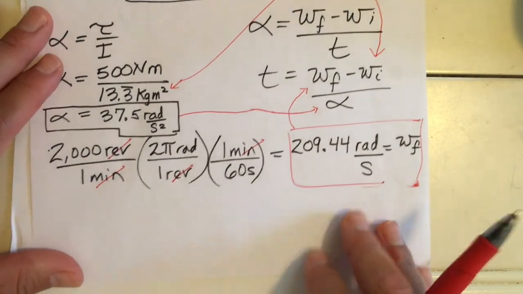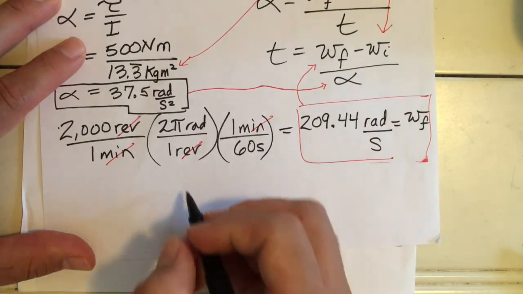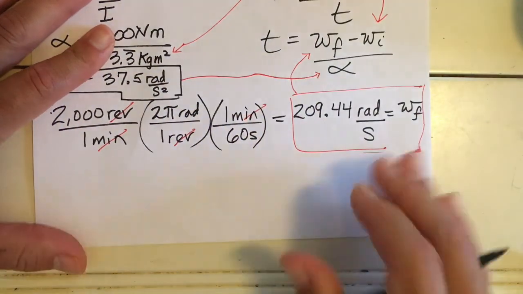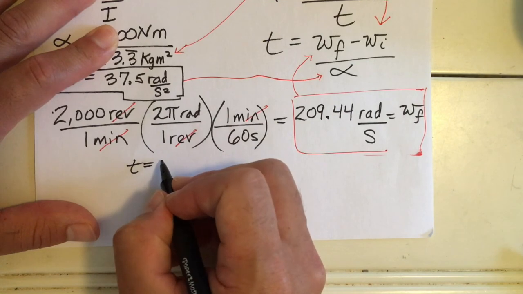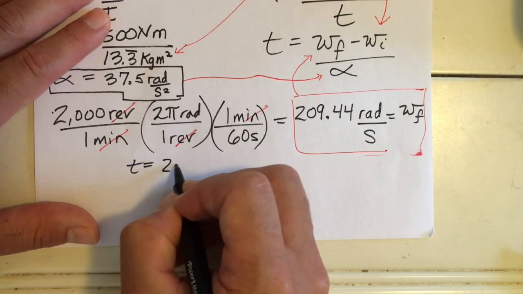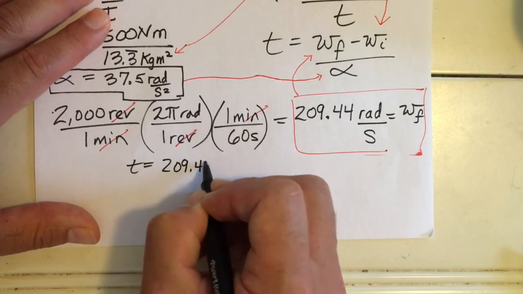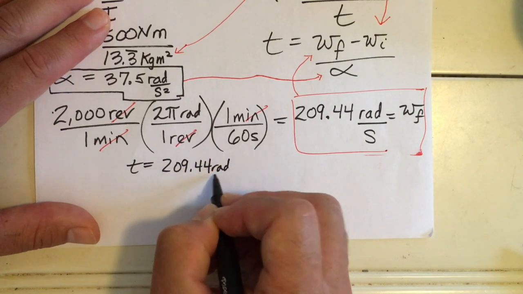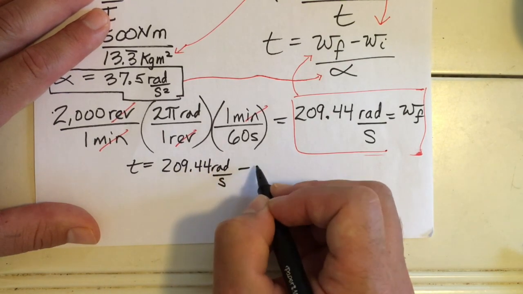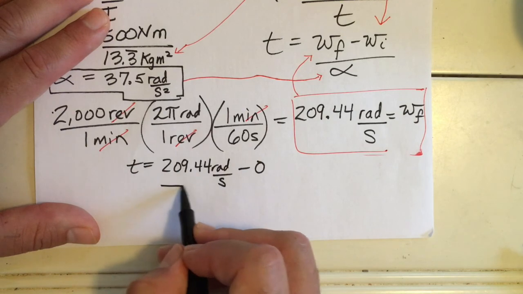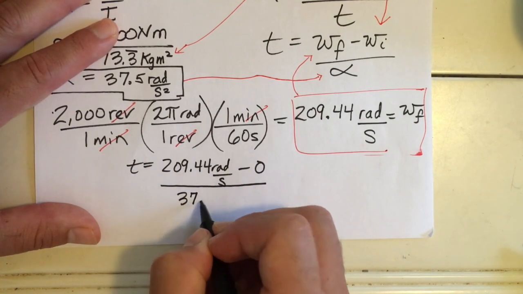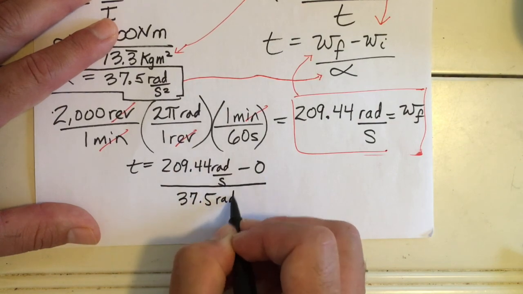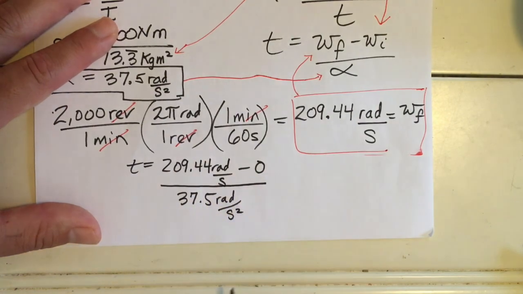So let's go ahead and finish this up. So we're saying, try and get this a little more organized. T is equal to omega F, which we said is 209.44 radians per second minus 0 divided by alpha, which is 37.5 radians per second squared.